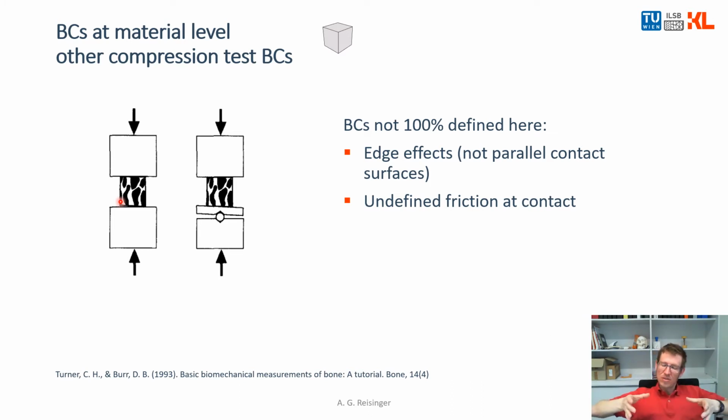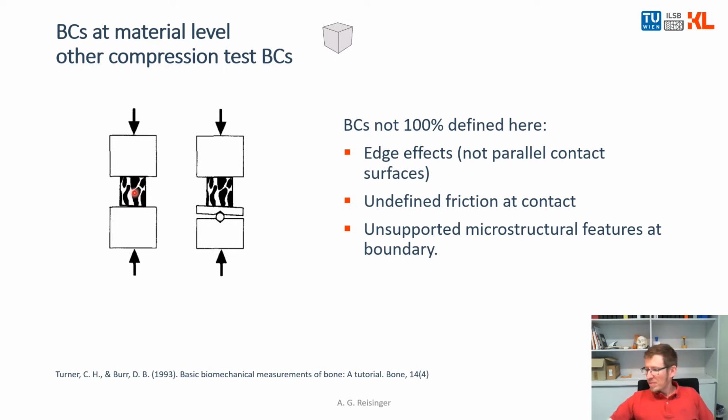So depending on the friction state here, the sample can expand or not, or it expands partly. But at least you don't know what is happening there. That means in the region of the contact, you also have not a clear stress state. You have a stress that you don't know. And this introduces an error in your evaluation of the material properties.